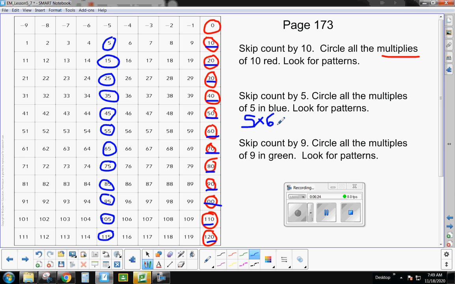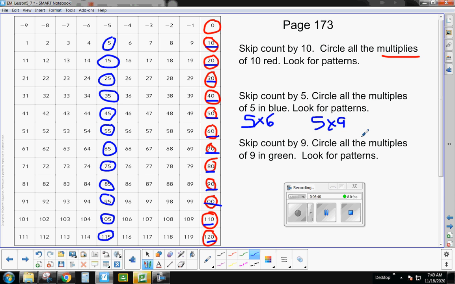So that would be 30. If I had 5 times 9, I'm sorry, I'm writing at my desk here, so it's a little bit jumpier. If I have 5 times 9, I know that 10 times 9 is 90. If I cut that in half, I have 45. So that was one of the strategies that we learned for multiplying by 5s earlier in the year.